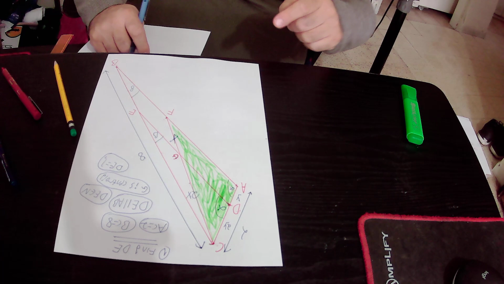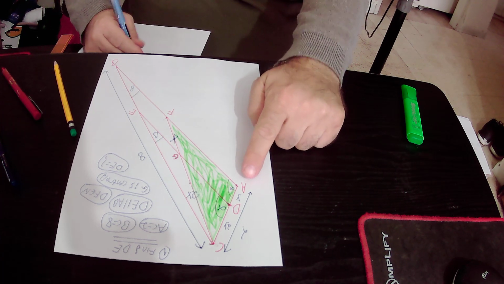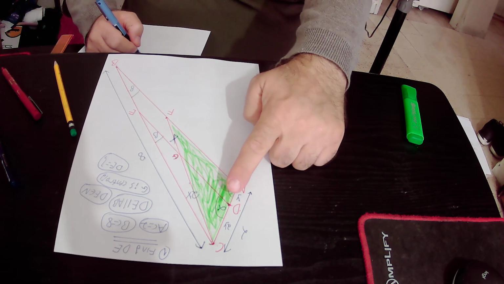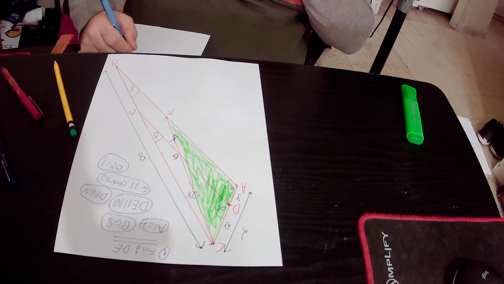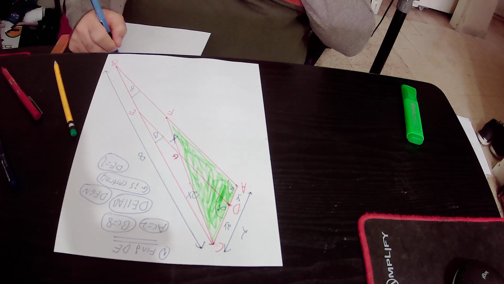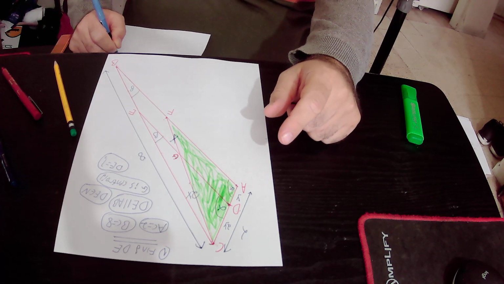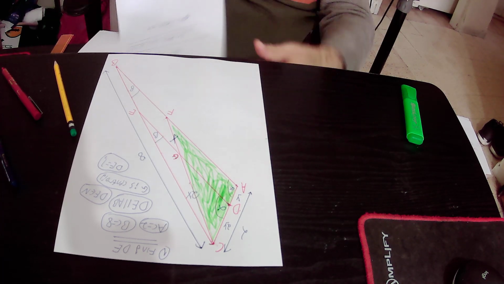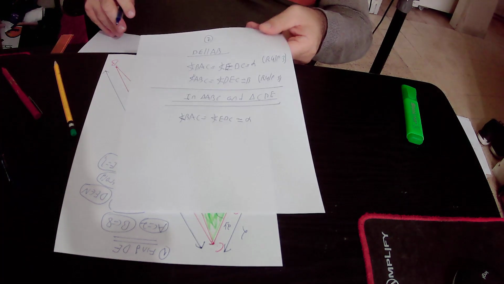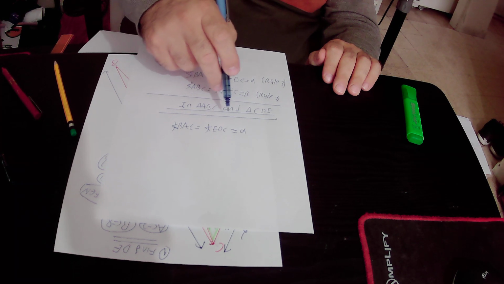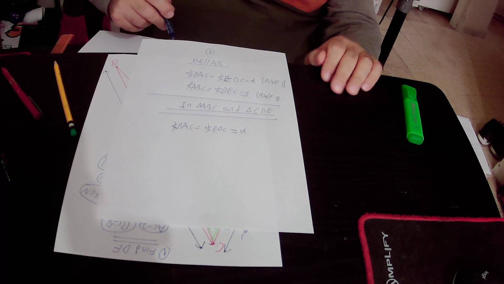We know that angle BAC, this angle, is equal to angle EDC, this angle, and they are both equal to alpha. So angle BAC of triangle ABC equals angle EDC of triangle CDE, and they are both equal to alpha.